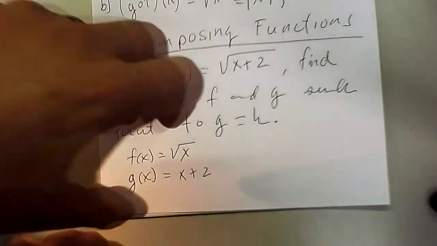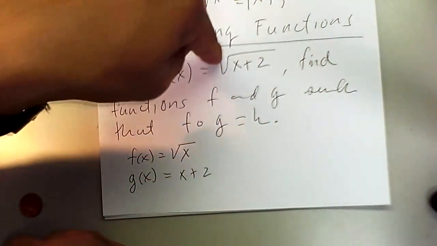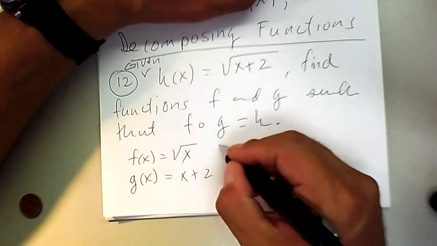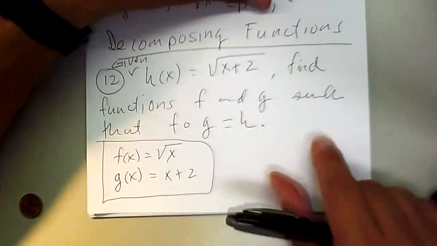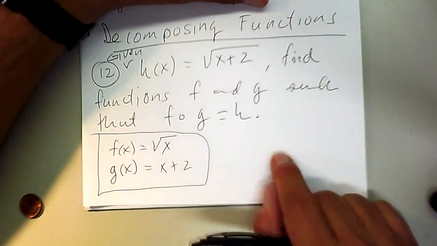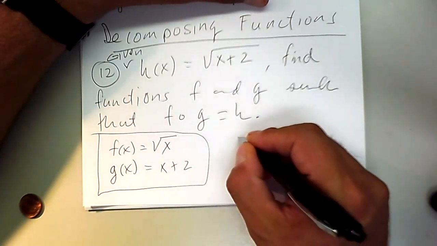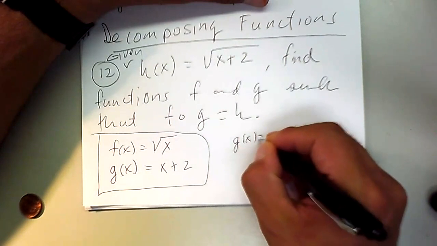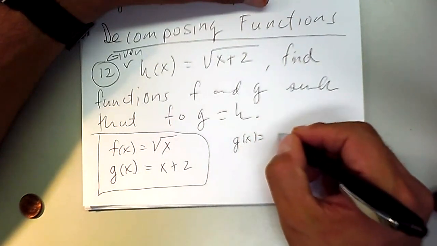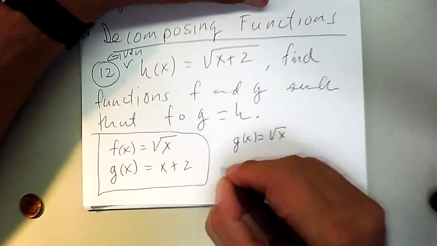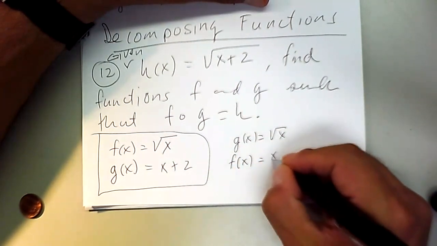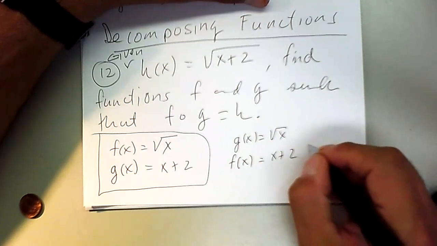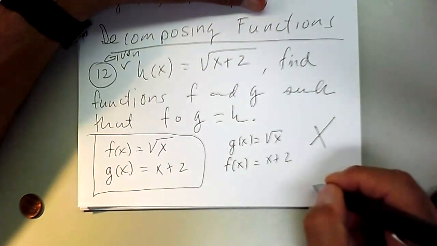So when we compose back together, we end up with this. This is the answer that we will be looking for with this kind of problem. If you do this the other way, if you put g of x equals square root of x, and f of x as x plus 2, that's going to be considered wrong.